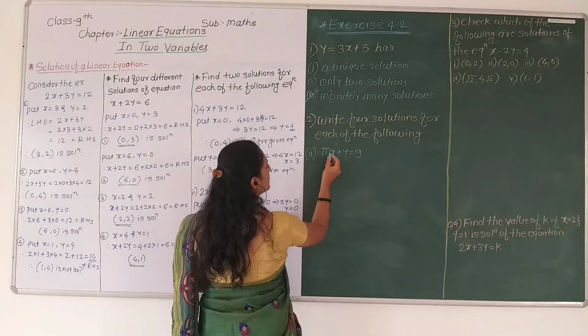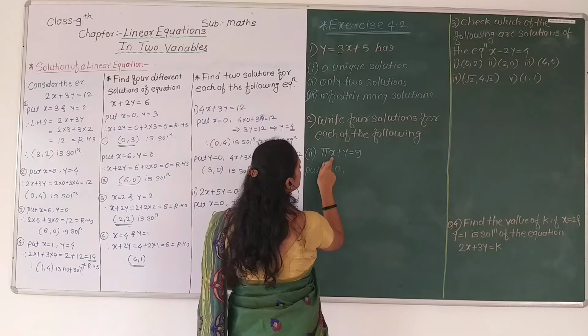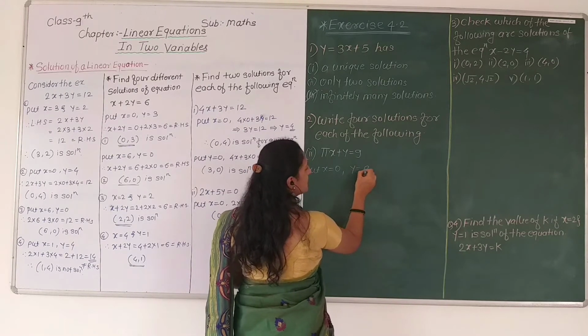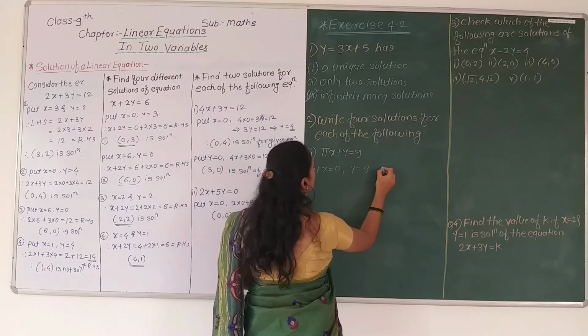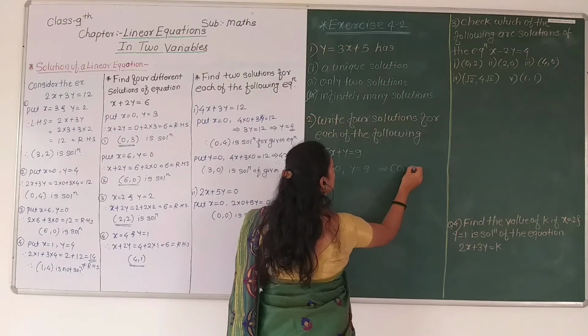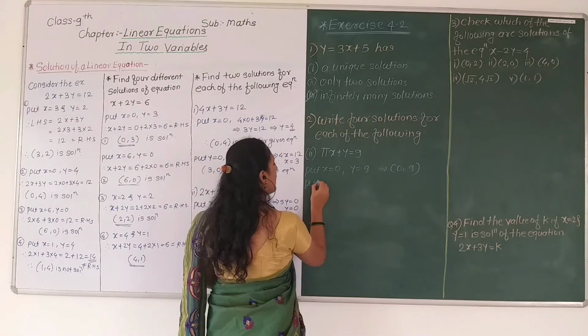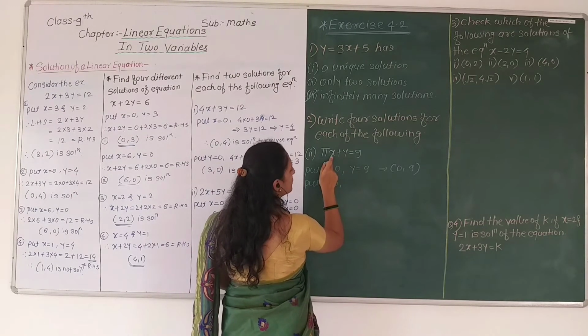If I put x is equal to 0 in this equation, we get y is equal to 9. After substituting x is equal to 0, we get y is equal to 9. That means (0, 9) is one of the solutions, right? Now if I put y is equal to 0 in the equation, then what is the value of x?